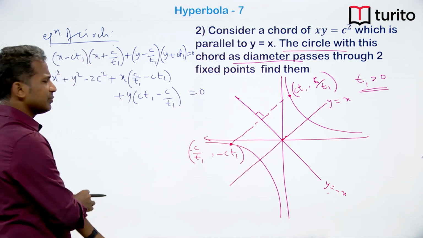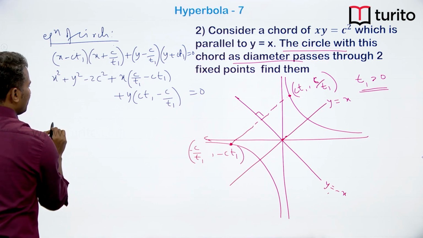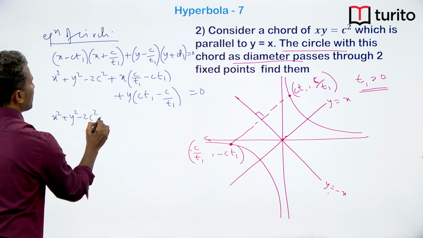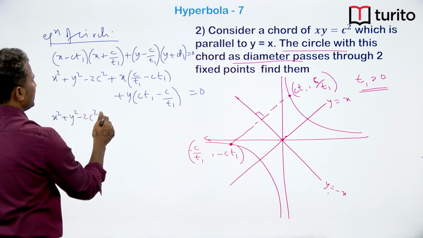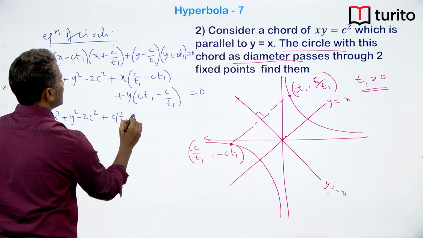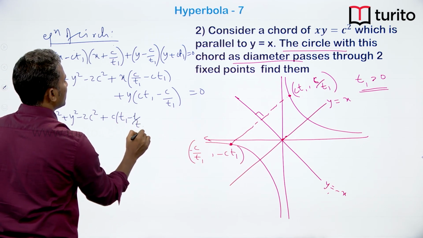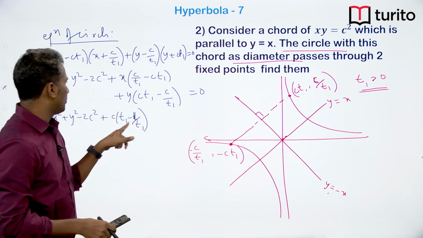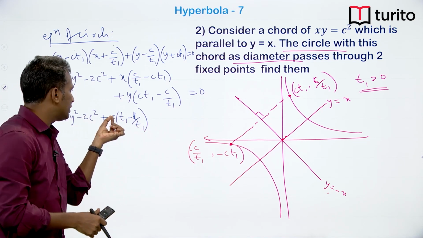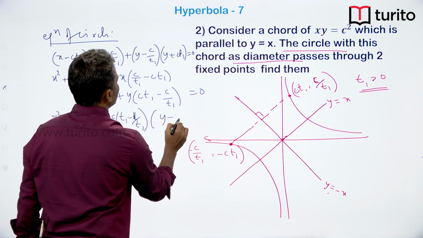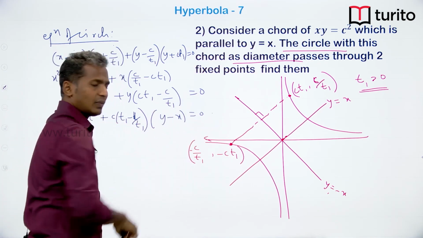So, if I further simplify this, what do I get? x square plus y square minus 2c square plus, if I take c common and also this t1 minus 1 by t1, I took common. So what is remaining? y minus x is remaining.